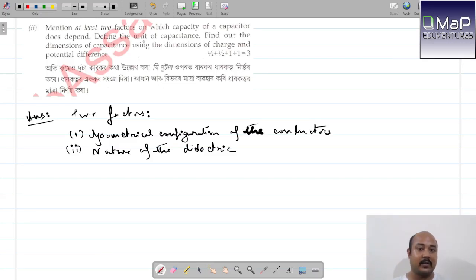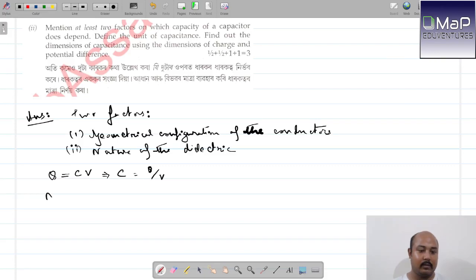The second part of the question is to define the unit of capacitance. To define the unit of capacitance, we use the general form of capacitance, Q is equal to CV, which is our general relation. From here we have C is equal to Q divided by V, where Q is the total charge stored in the capacitor and V is the potential difference across the capacitor.